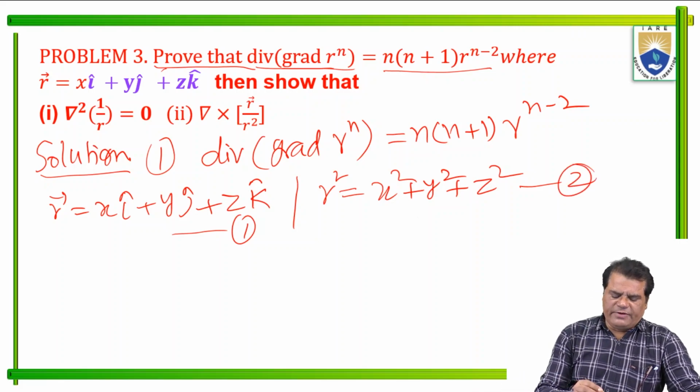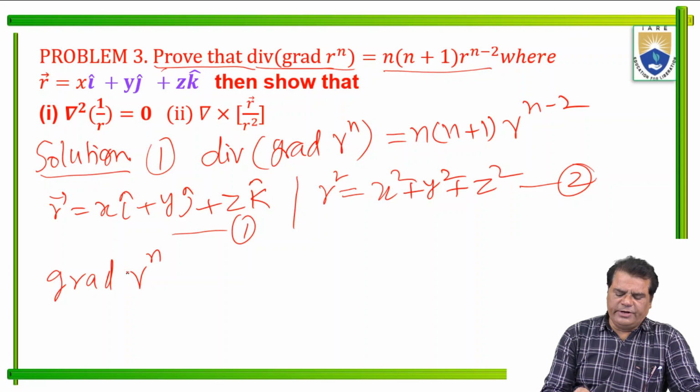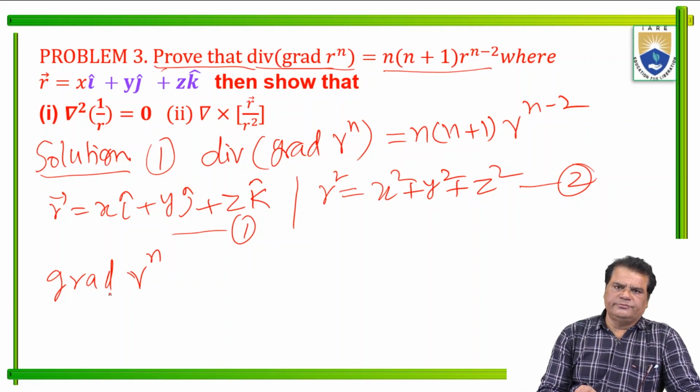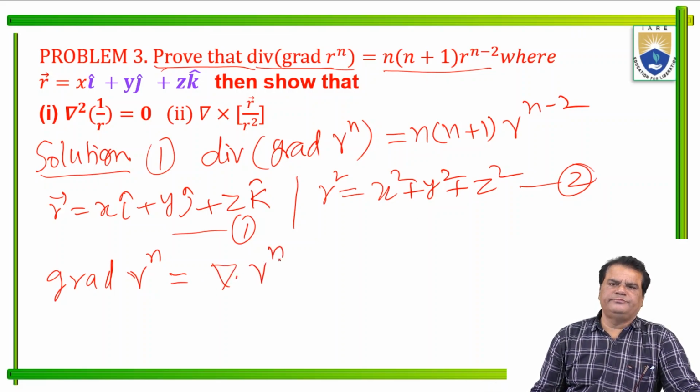So now, first of all, we find grad r to the power n. What is grad r to the power n? This is a vector quantity, the gradient of r to the power n. So this result is del r to the power n.